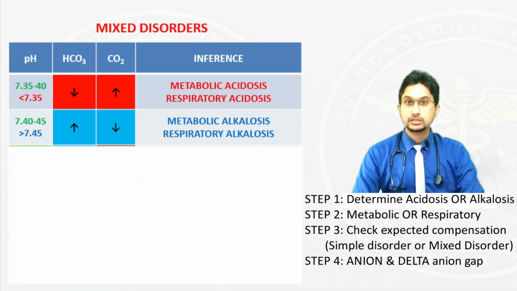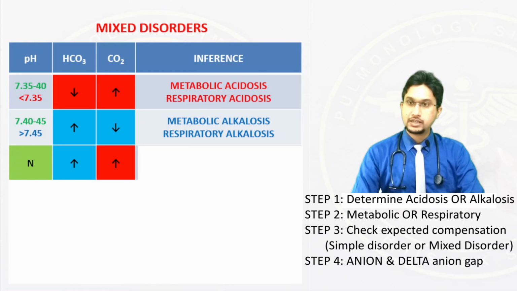Let us have a look at the third scenario. You have a pH within the normal range. You have the bicarbonate elevated and the carbon dioxide elevated. So there is definitely some acid-base imbalance going on. Now your task is to determine whether it is a metabolic component or respiratory component.